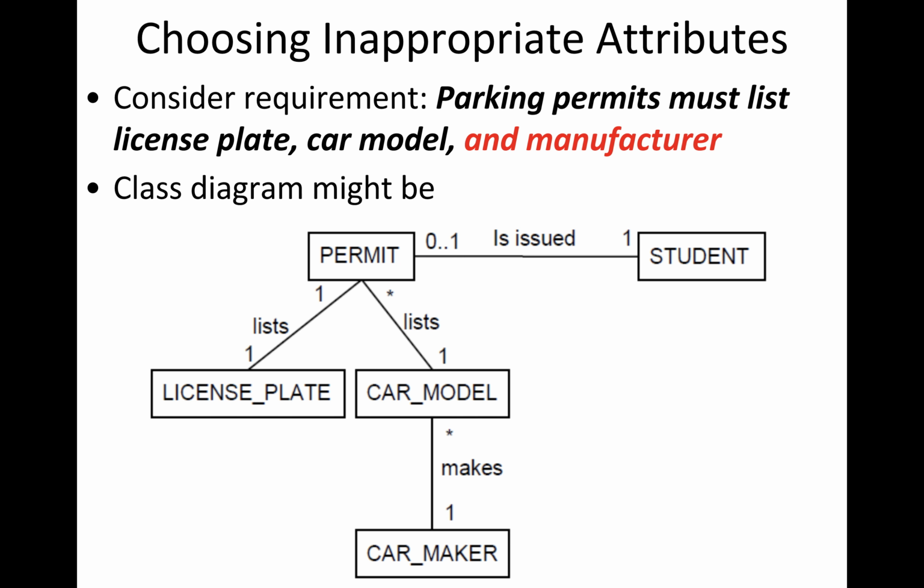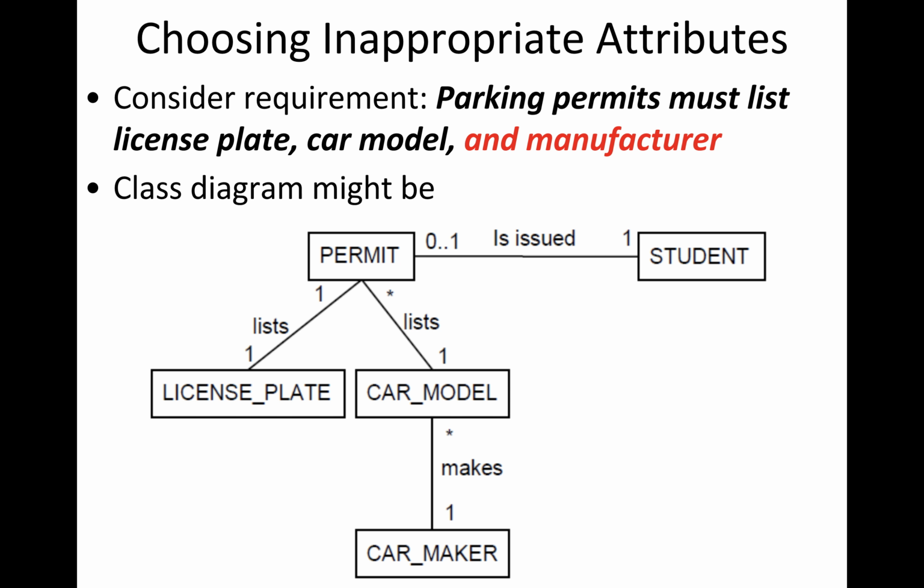Okay, so here's, I think, a modification on the original requirements: it says the parking permits must list license plates. We're trying to model the permits for students being able to park, right?